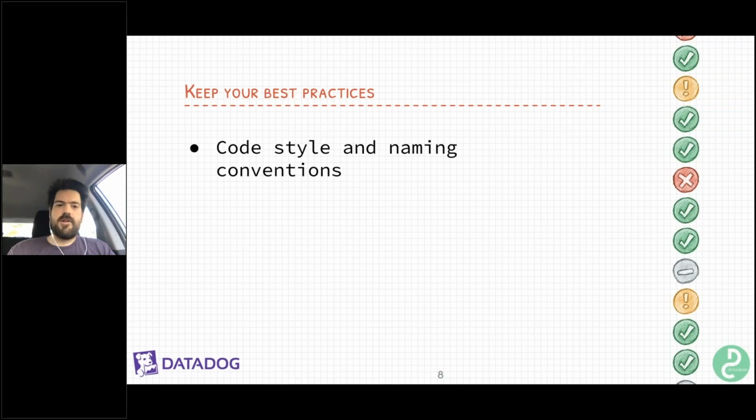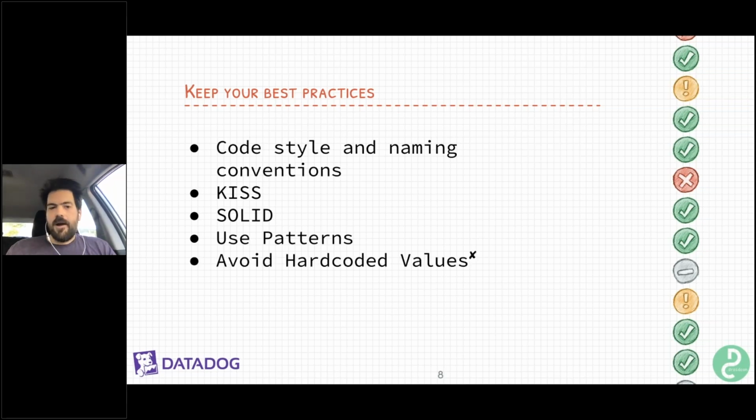This is the talk that you should have in your team to say, what are the best practices when writing tests? Of course, all your KISS and SOLID rules and all other acronyms apply when you're writing tests. And because you're writing with Java or Kotlin, you can use all the patterns that you're used to. You can use generics, inheritance, lambdas, anything that you like when you're writing your production code, you can also use when writing tests.